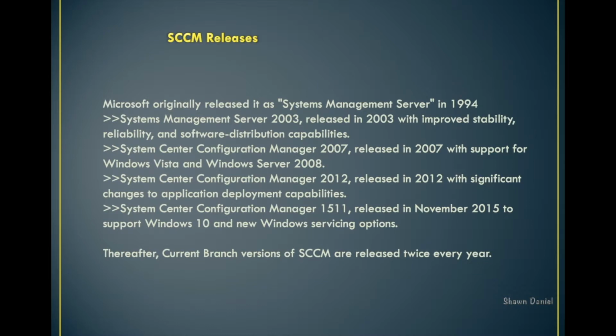SCCM 2012 released in 2012 with significant changes to application deployment capabilities. System Center Configuration Manager 1511 released in November 2015 to support Windows 10 and new Windows servicing options. Thereafter, current branch versions of SCCM are released twice every year.